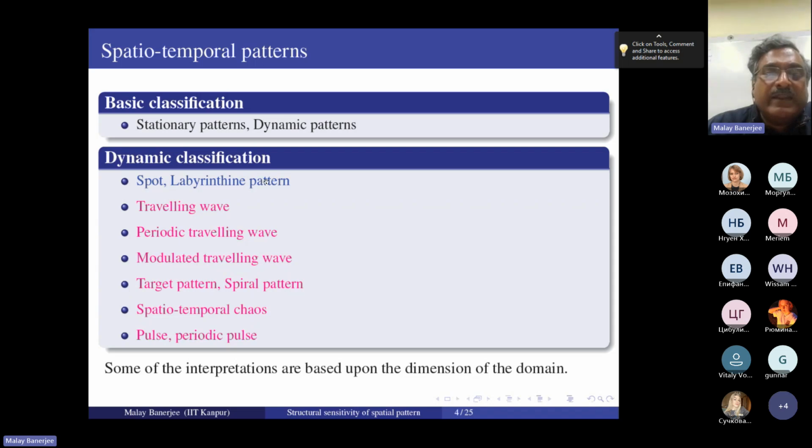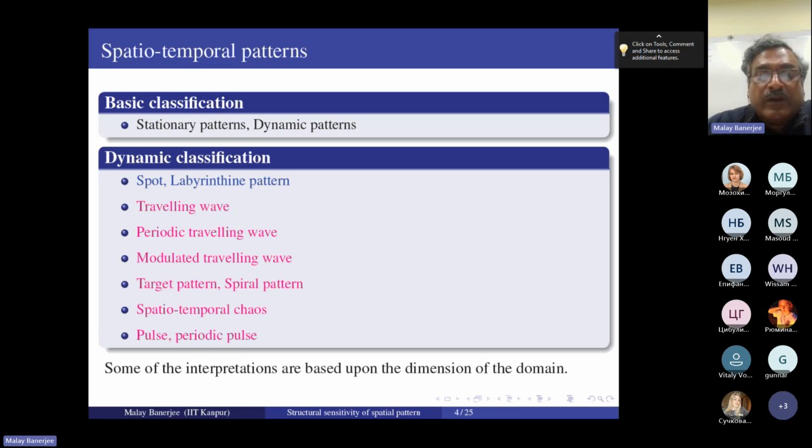One I have already explained, that is spot and labyrinthine pattern. Apart from these two, we have traveling wave, periodic traveling wave, modulated traveling wave, target pattern, spiral pattern, spatiotemporal chaos, pulse, periodic pulses, and so on.